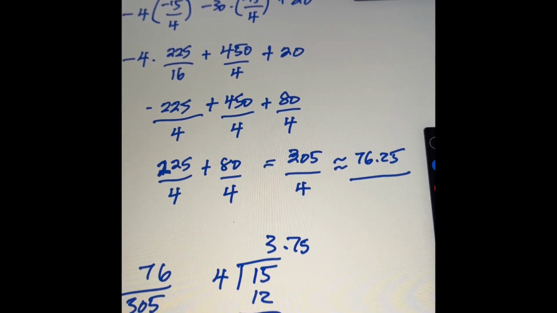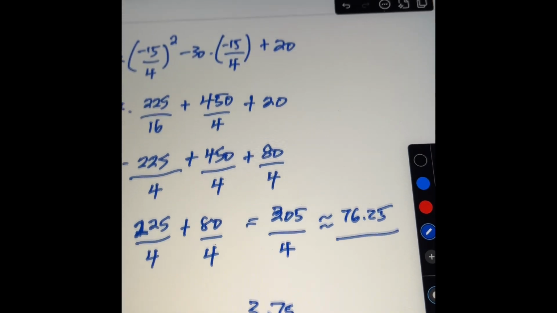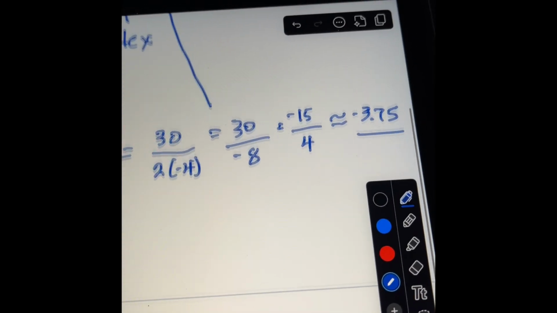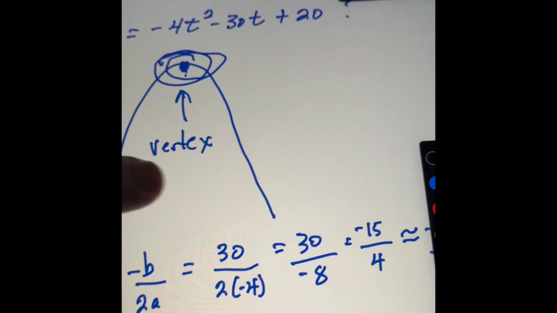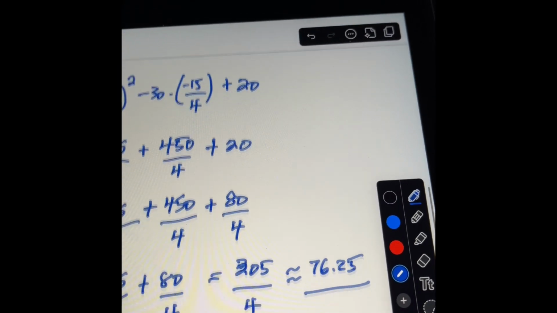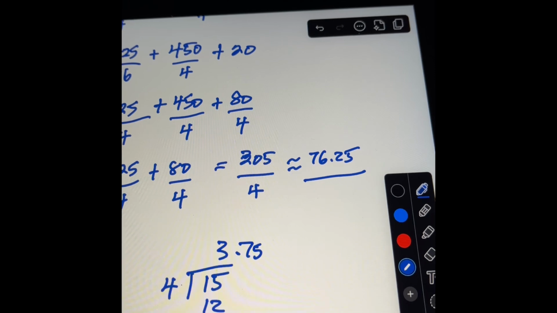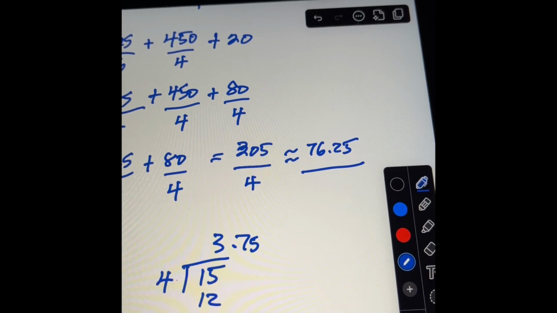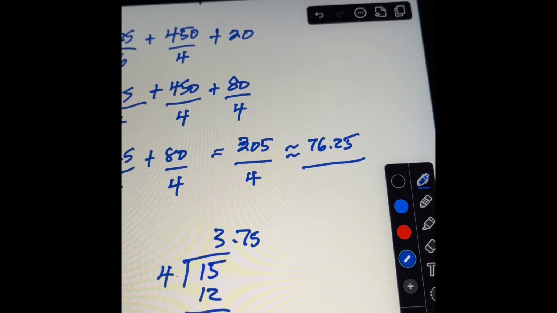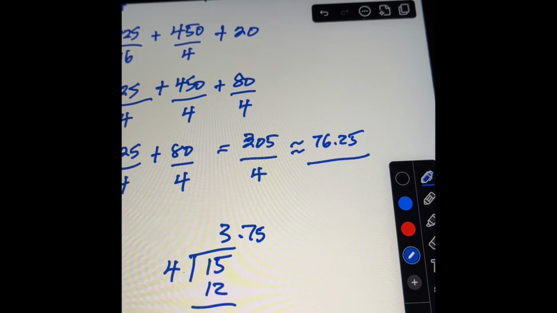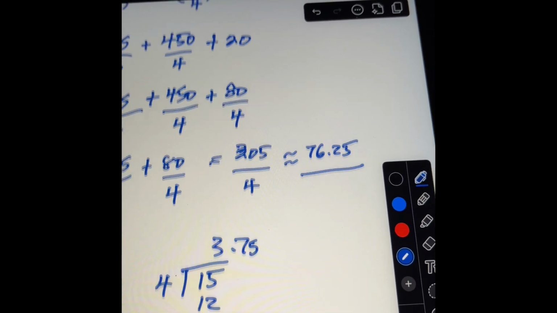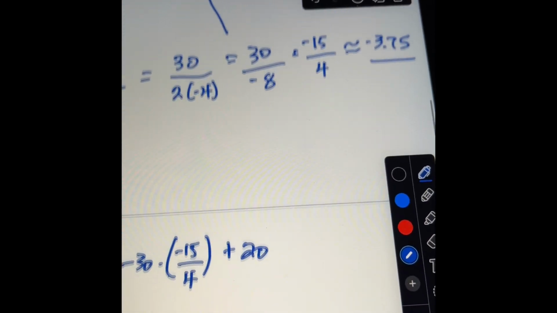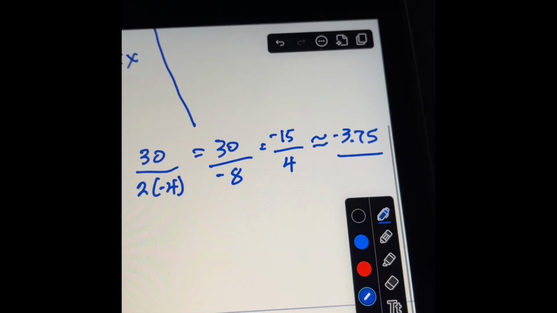So that's my answer. What I'm saying is that the maximum height from the ground is about 76.25. So if this is in feet, that'd be about 76 feet. If it were in yards, then that's the number of yards. But 76.25, and where that occurs is at negative 3.75.